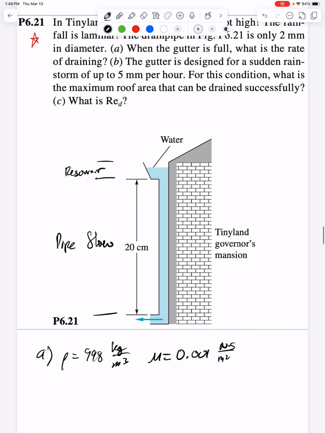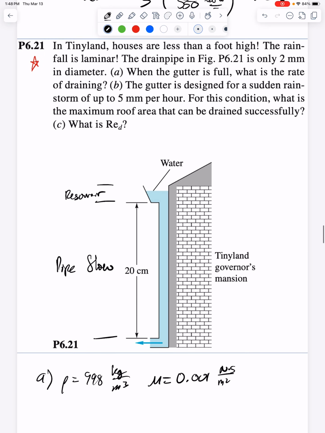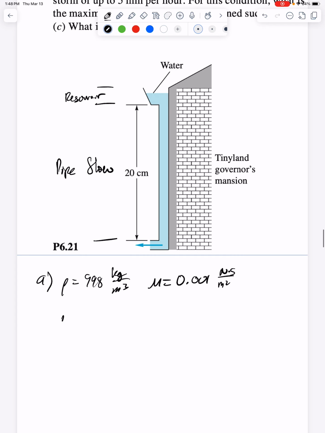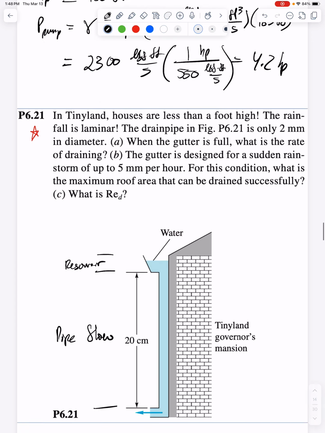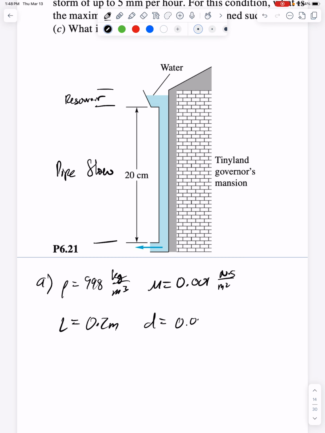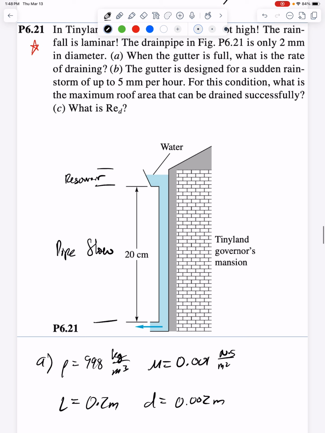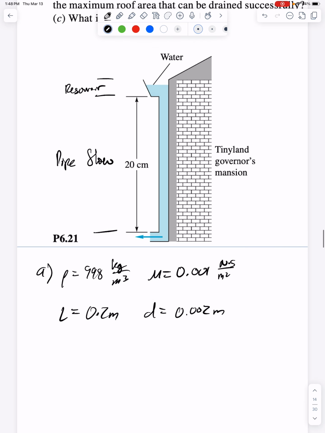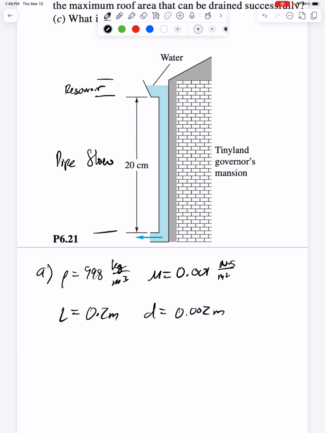In terms of additional information, we're told the pipe length is 20 centimeters, so 0.2 meters. Pipe diameter is 2 millimeters, 0.002 meters. And we're interested in finding the rate of draining, as you see. If the pipe was fully full of water, what is the rate of draining?